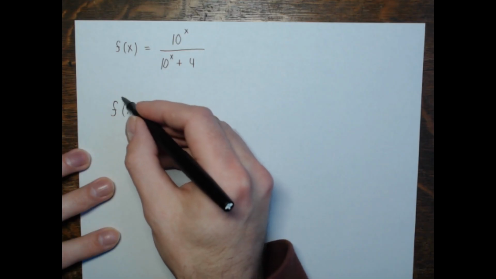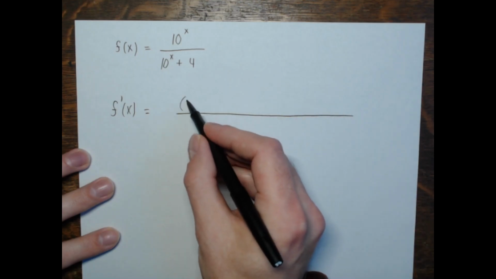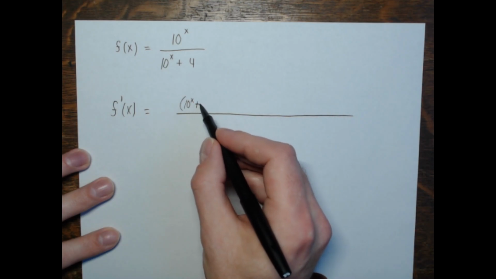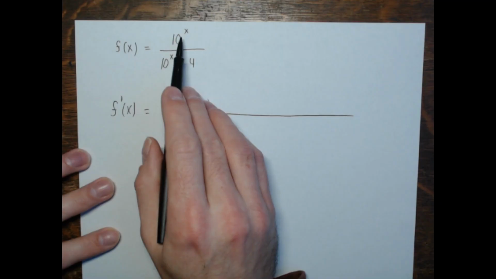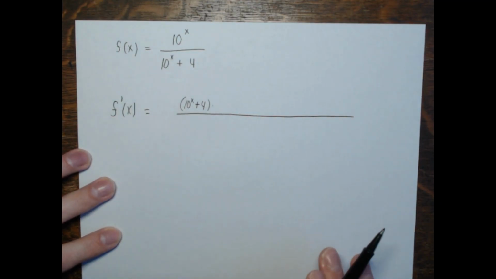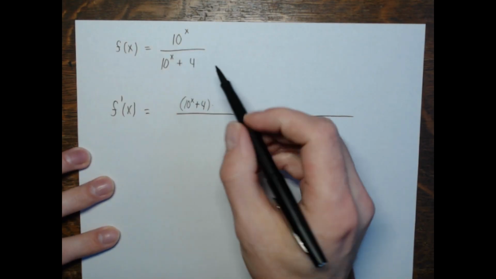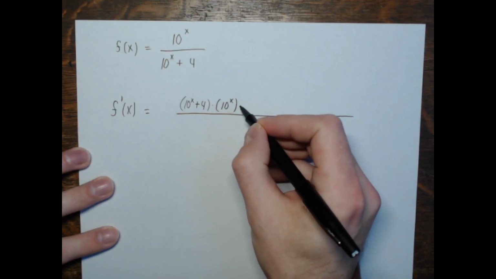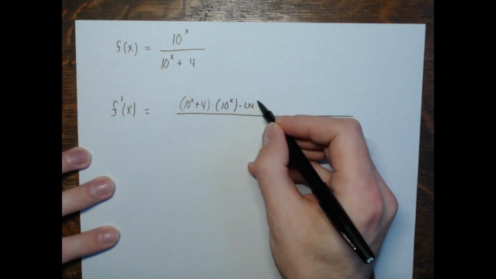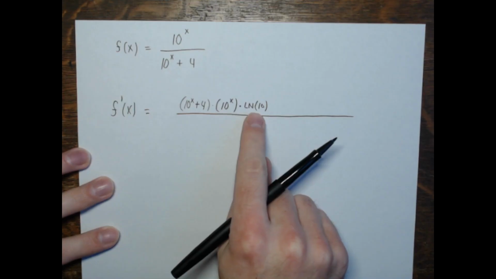So f prime, got denominator the way it was, 10 to the x plus 4, times, now remember the derivative of the numerator, this has been a bit since early on in the video, but remember the derivative of an exponential is itself, so 10 to the x, but then times the natural log of the base. So I also have to have this times natural log of 10 here.